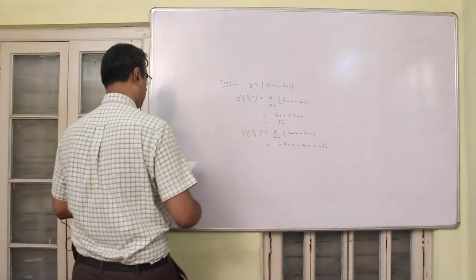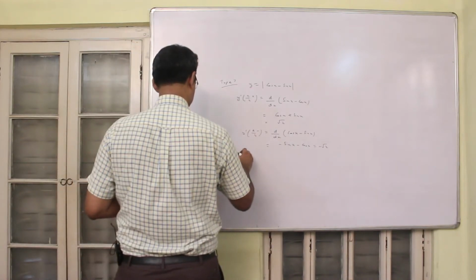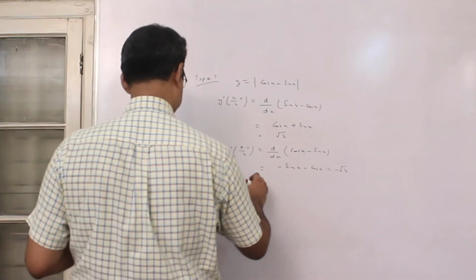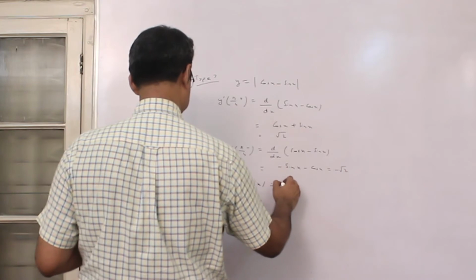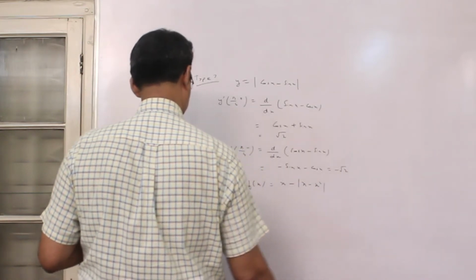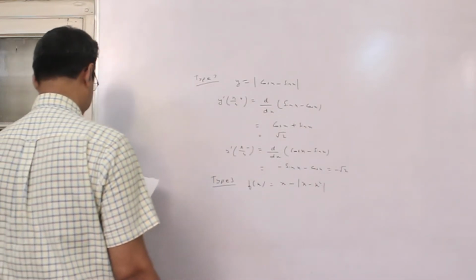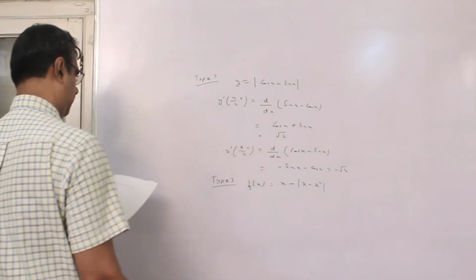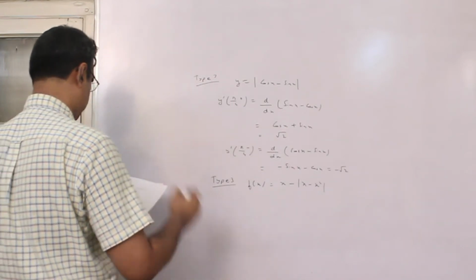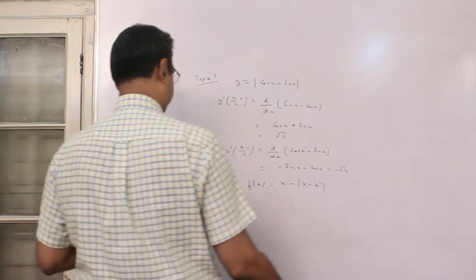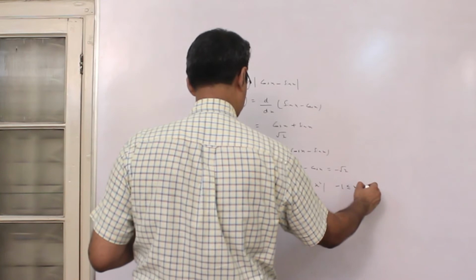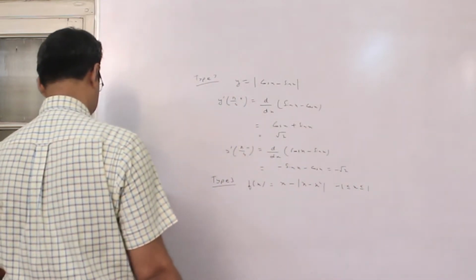Now let's have a look at the type 3 of this sheet. In type 3, it is given f(x) equal to x minus modulus of x minus x square. And it has been mentioned that x lies between minus 1 and plus 1.